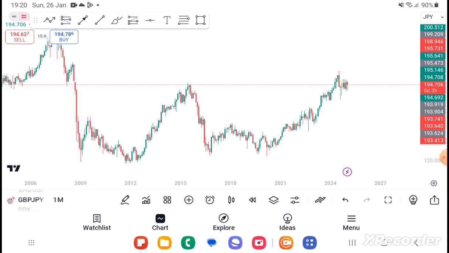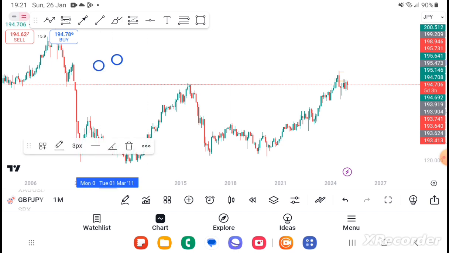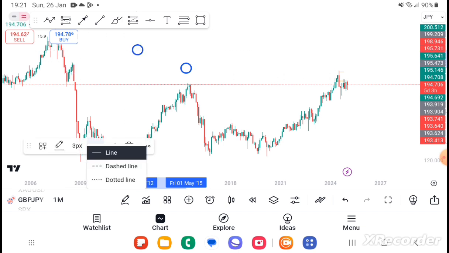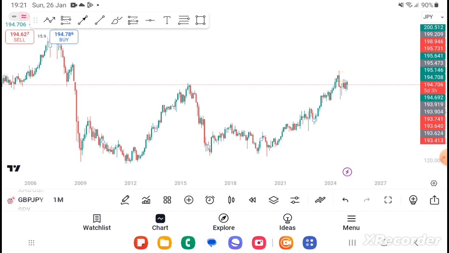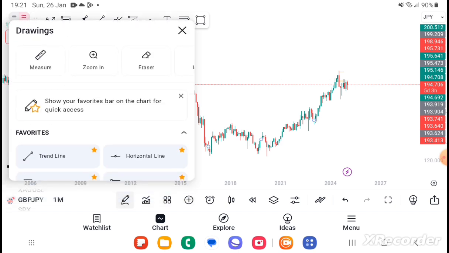We are bullish, but this is currently a resistance area. Okay, so I'm just trying to get the line.